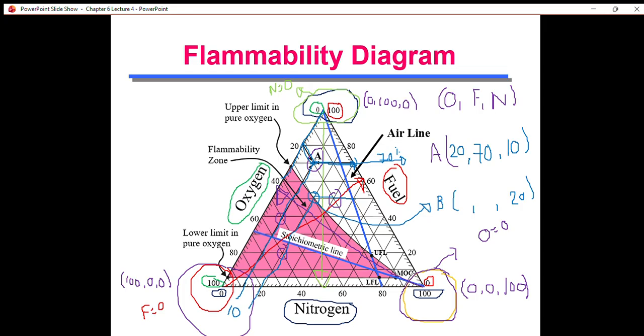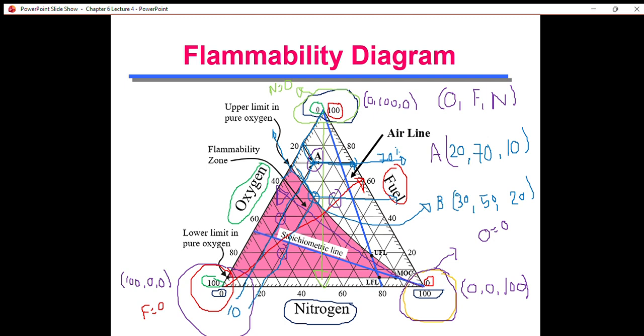Fuel will be horizontally this way, which means it's around 50%. Let's look at the oxygen. How much is the oxygen for this point? I will go this way, sorry, which is equal to 30%. So this is how you read any point inside the triangle.